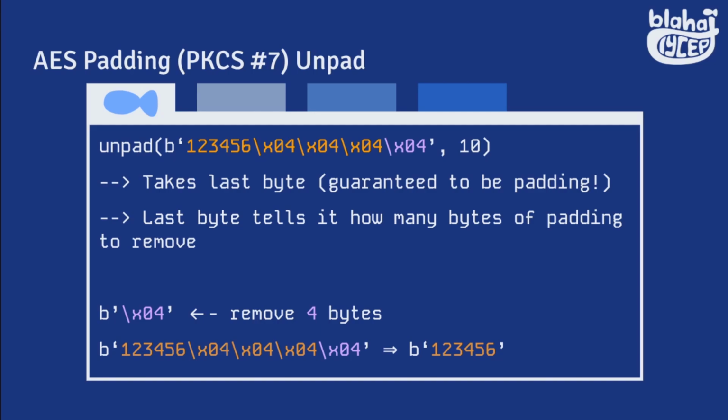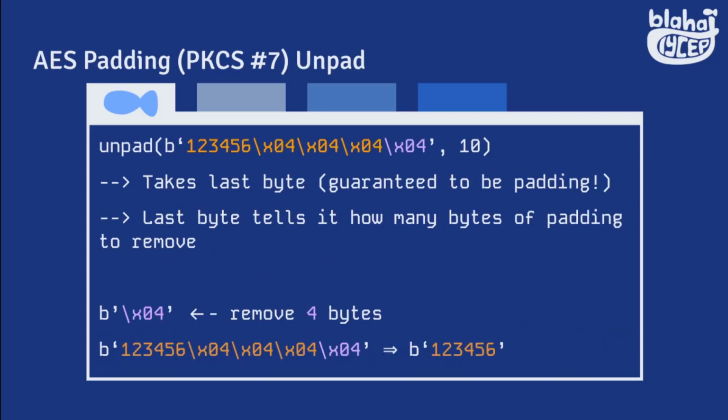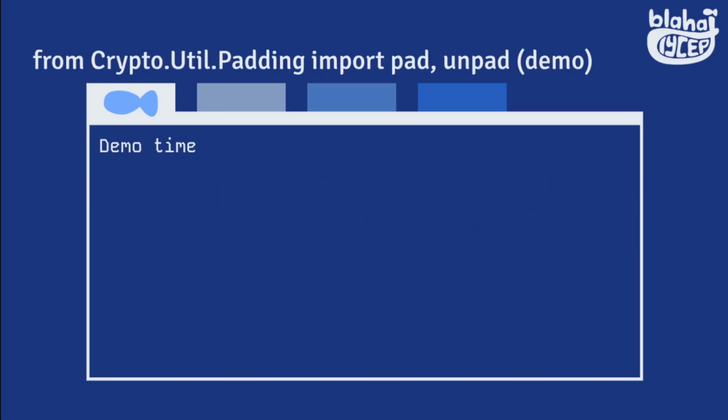This is why we need to pad 16 times even though there's exactly 16 bytes. Because if it checks the last byte to be a letter O, it's just going to error. Also, if the padding string is corrupted, like x04, x04, x03, x04, it will error also. Hint hint, this may be used as a primitive.